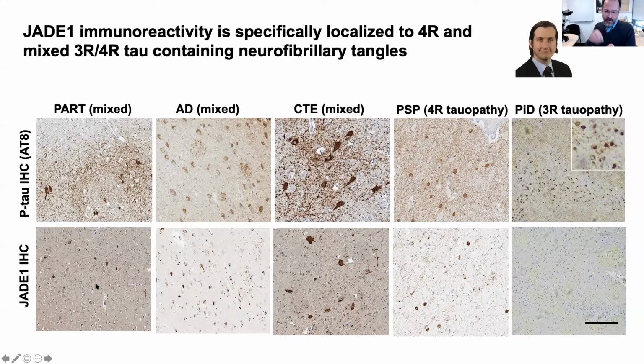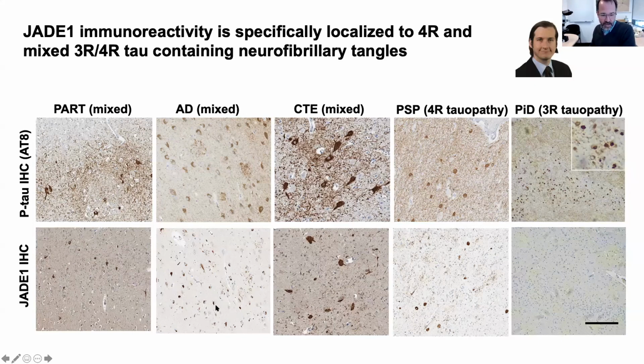So did it localize to these abnormal cells that are dying with tangles in them? And he found these are stains showing the tangles here. So the same field, we see tangles. I'm highlighting them with my little arrow here. All these little dots are JADE1 positive tangles.